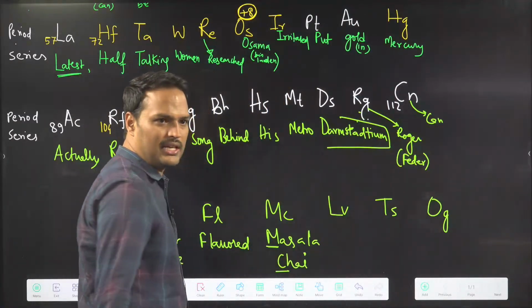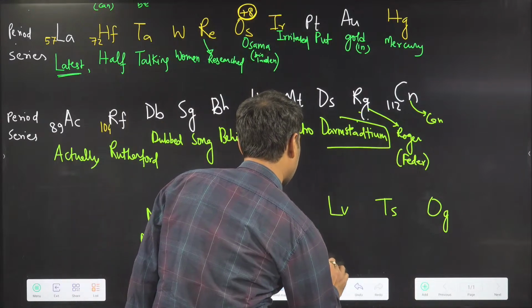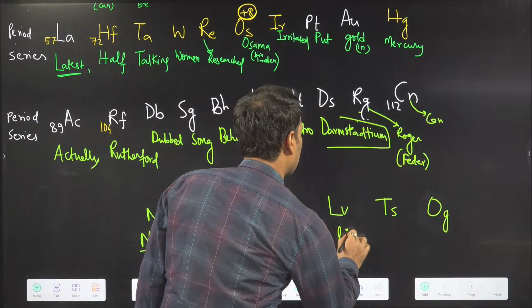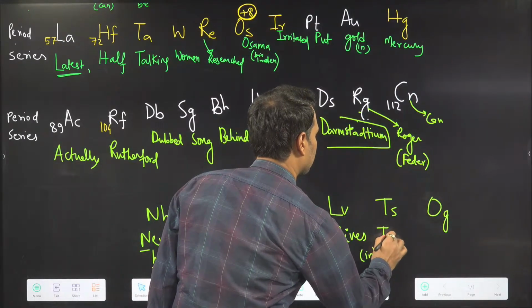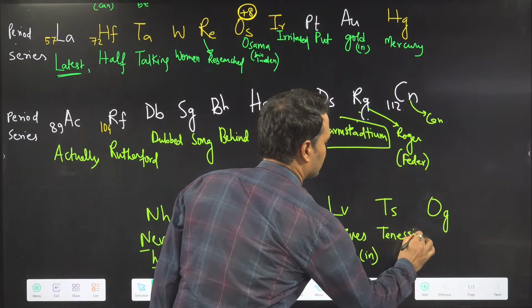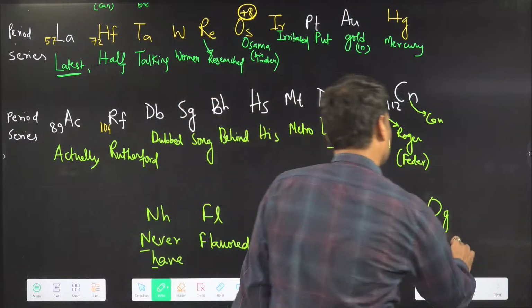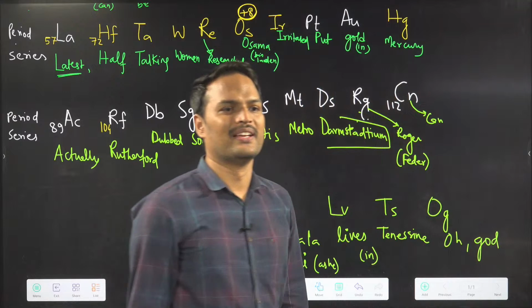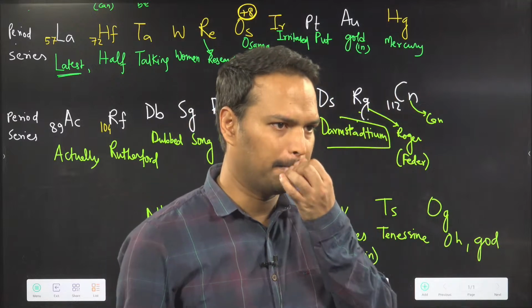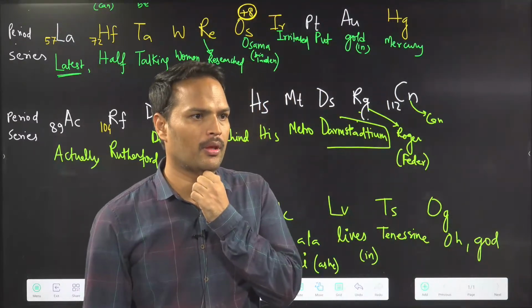He was trying to have masala chai, but he is not getting. Why he is not getting masala chai? As he lives in, where he lives in? Tennessee, very far. And last Og, we can just say, oh God. So like this, clear with this point.